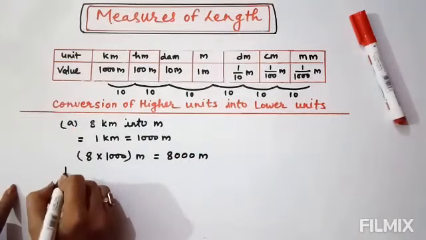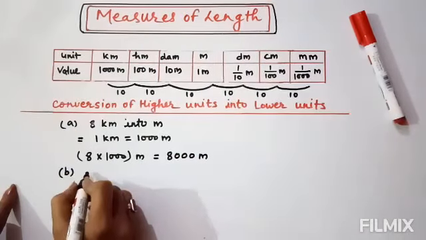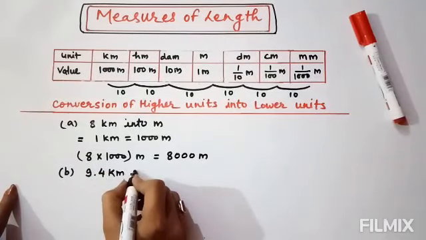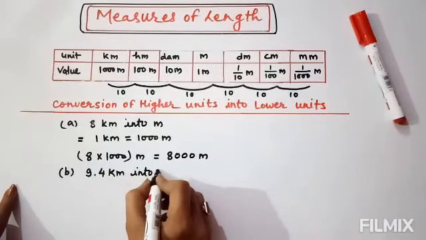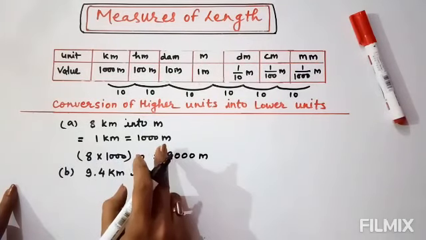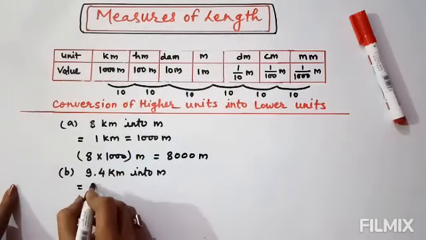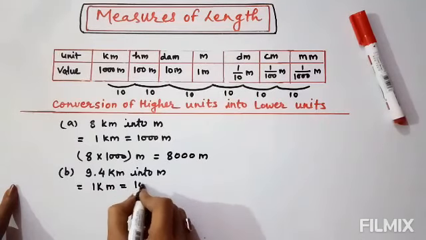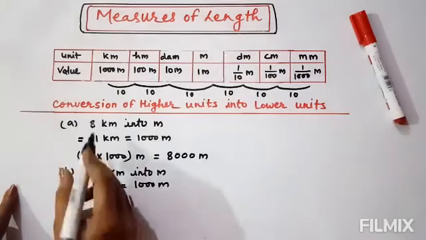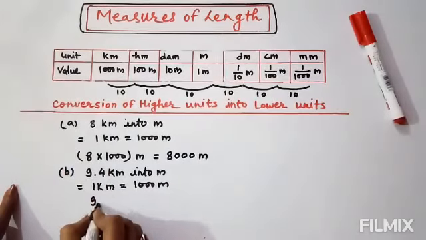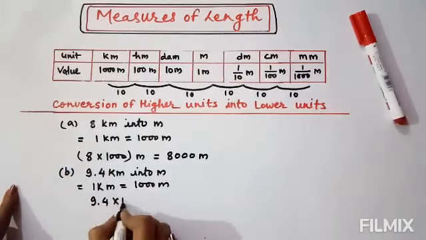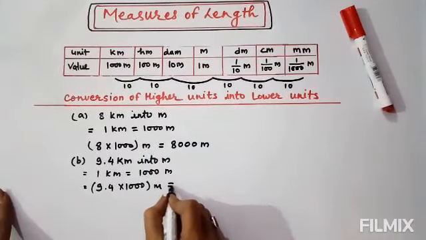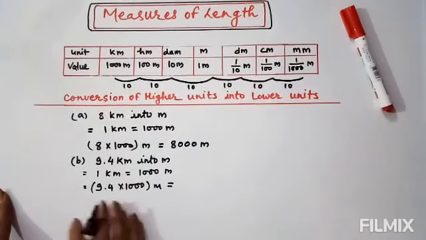Let's take another question in decimal form, which is 9.4 kilometer into meter. Similarly, as I did before, 1 kilometer is 1000 meter. Here we have the number 9.4 multiplied by 1000 meter. You can multiply as a whole number.